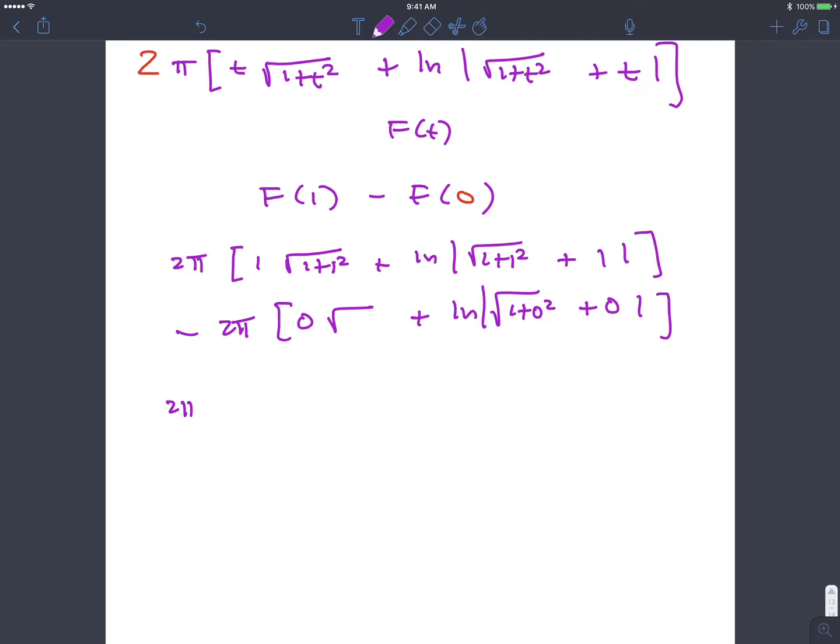And I get my 2 pi now, square root of 2, plus natural log absolute value square root of 2 plus 1, minus 2 pi, that's 0, plus the natural log of square root of 1 plus 0.